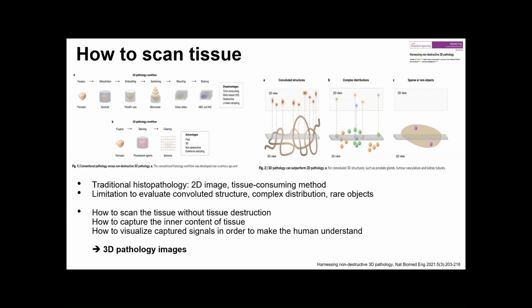Is there a way to scan the tissue without tissue destruction? Two critical technologies in this field are how to capture the inner content of tissue and how to visualize the captured signals to make them understandable to humans.